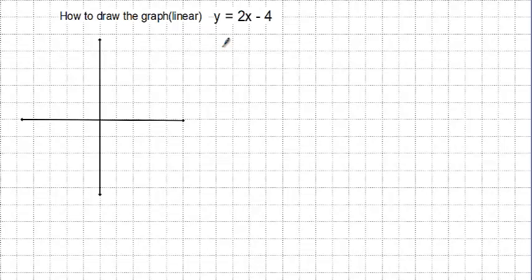You can choose your x points, any variable, because for linear functions the domain is all real numbers. So you can choose any number that you like for x. You can choose 0 and 1 and 2. These points are easy points to show on the graph. That's why you can choose these.